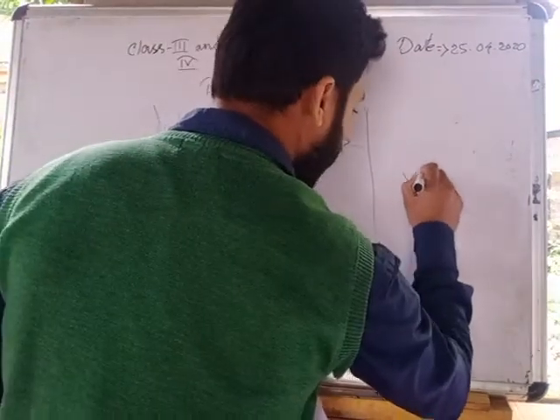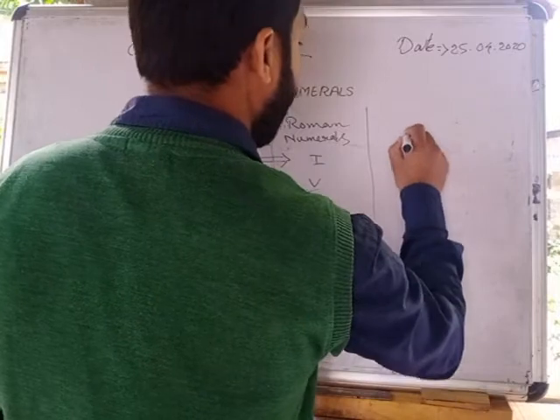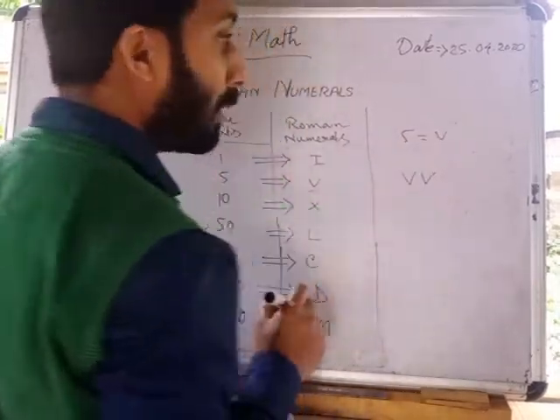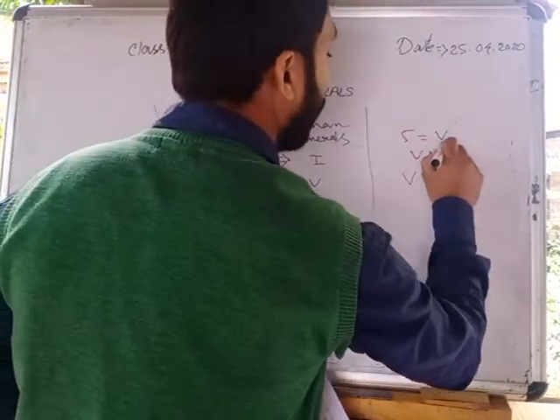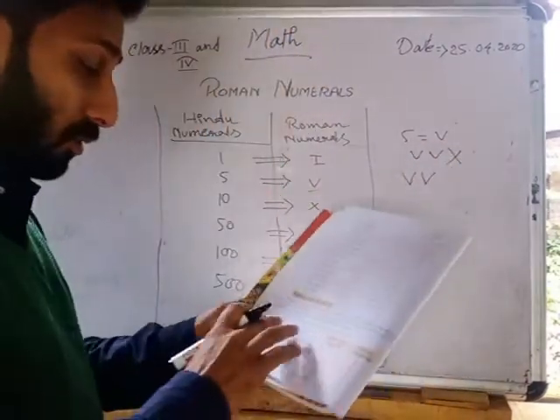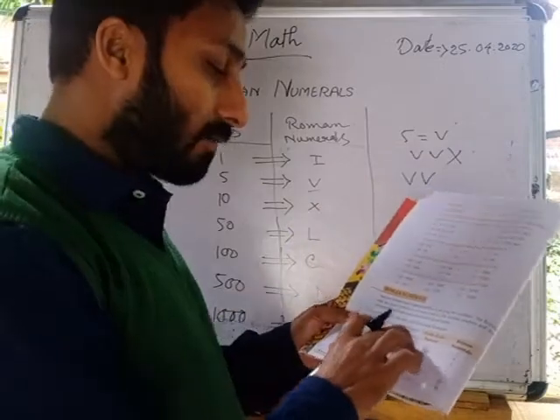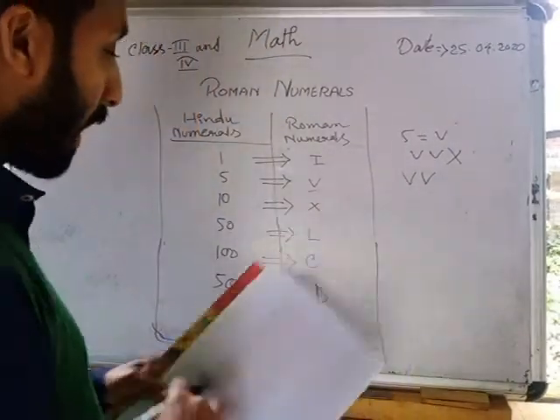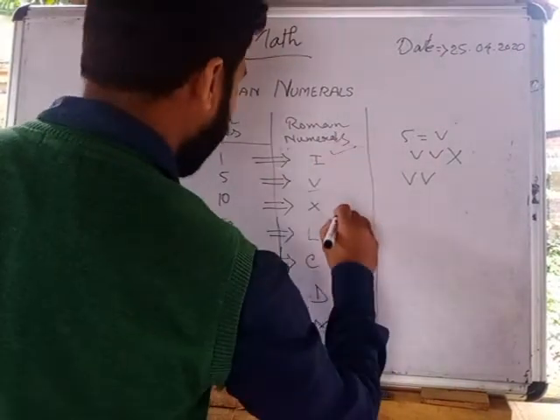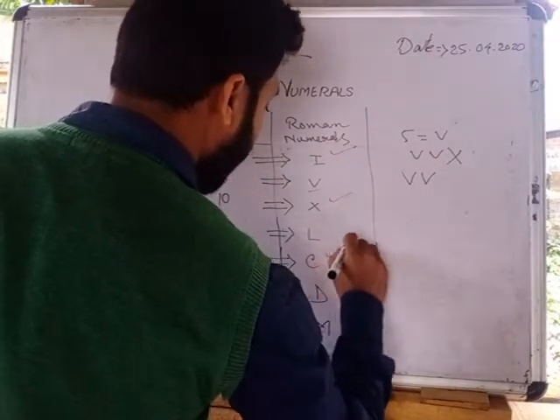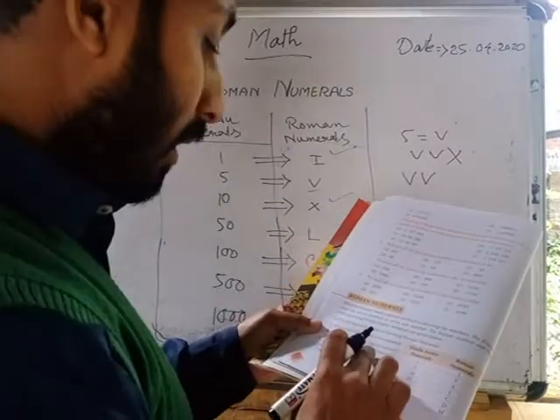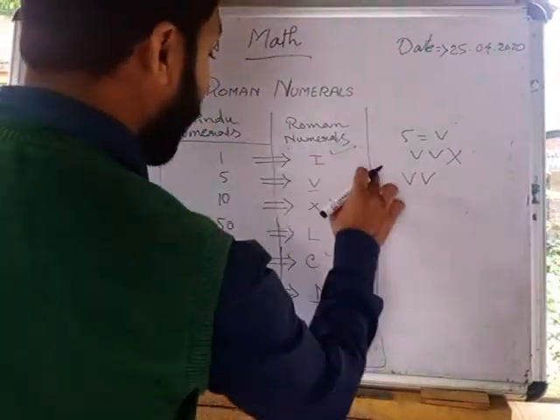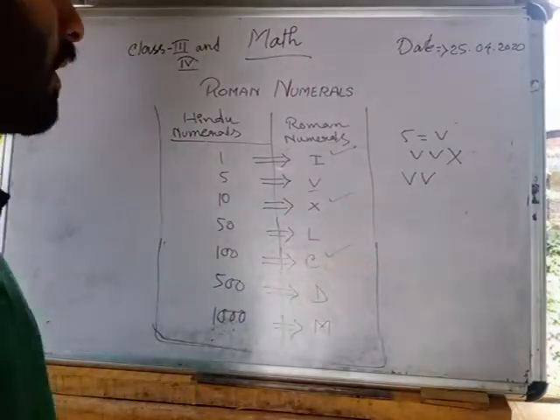Don't write 5 and 5 for 10; that is wrong. So the numeral 5 can never be repeated. The letters I, X and C (1, 10 and 100) can be repeated.